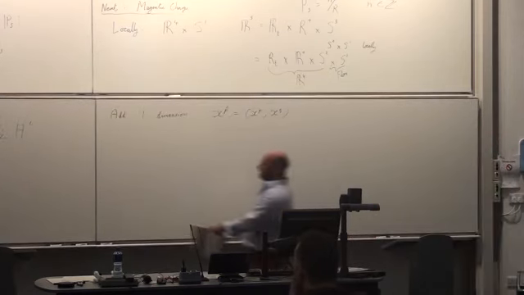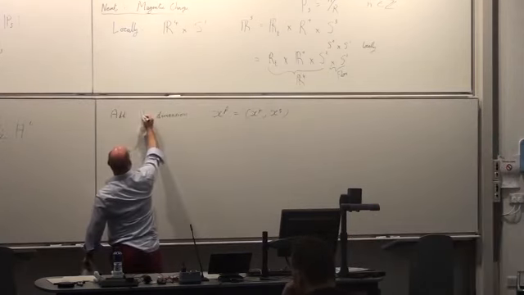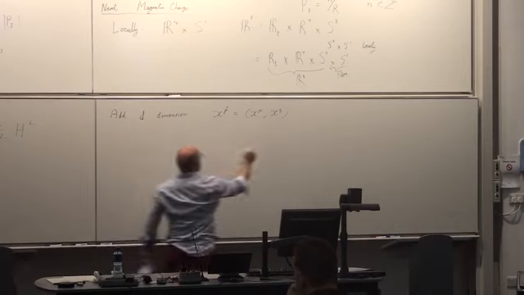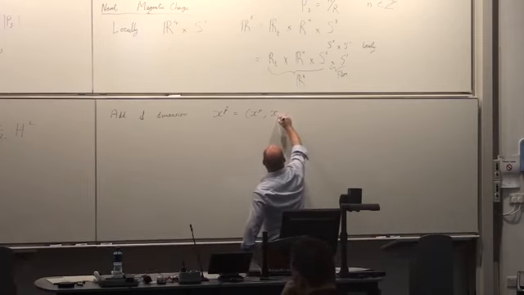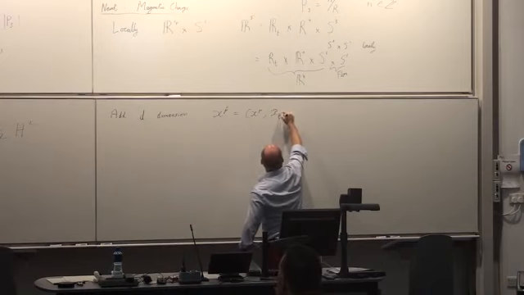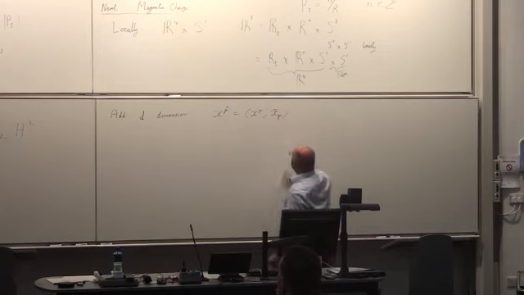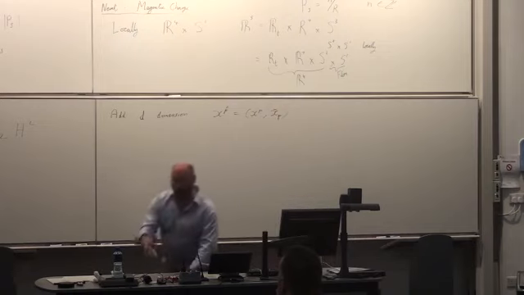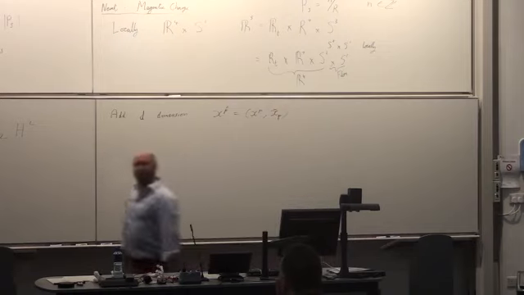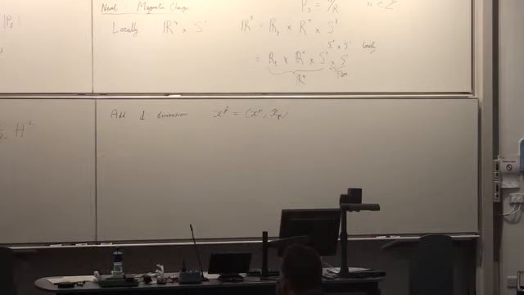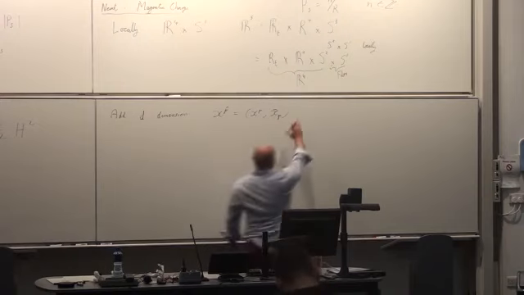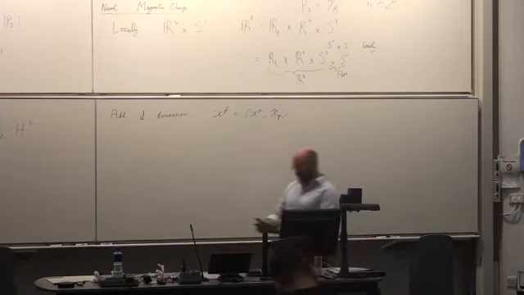So here, I now need to add d dimensions. Do you see the reasoning? I want to get these one-form gauge transformations as part of a vector in this bigger space. I better add d of them. So now I've got d sets of coordinates.